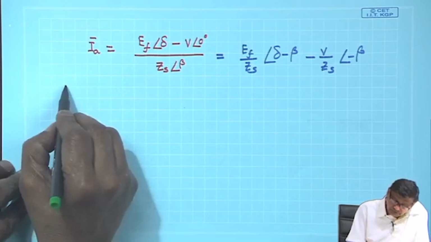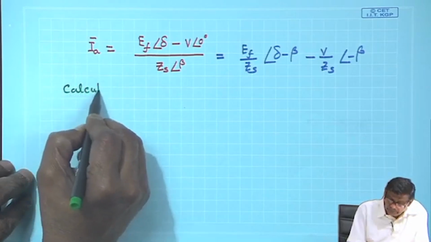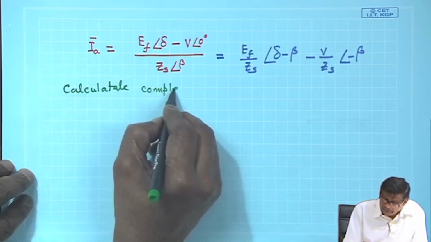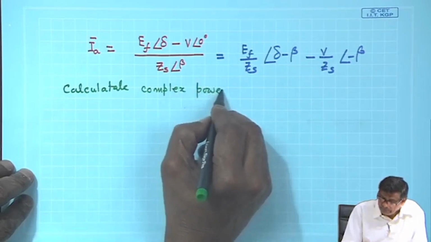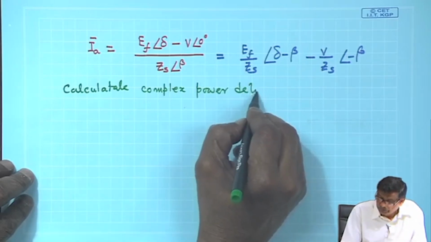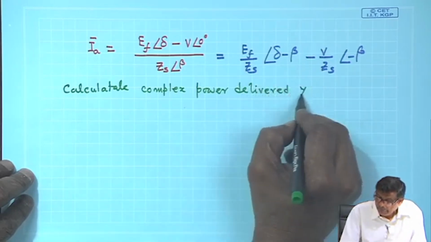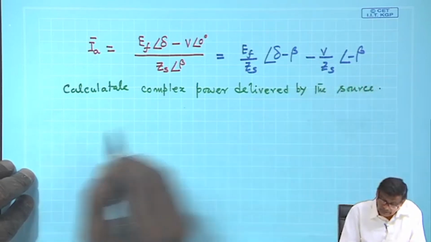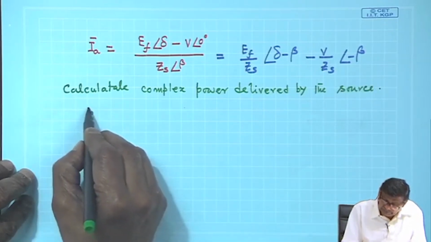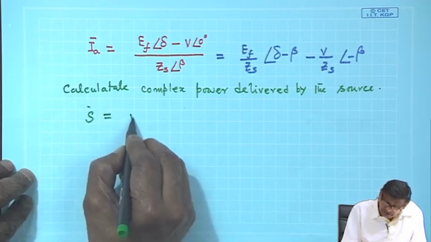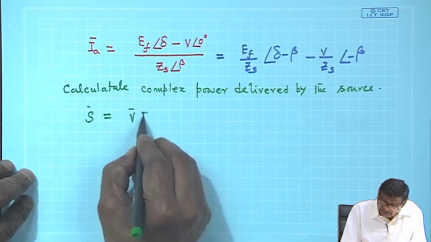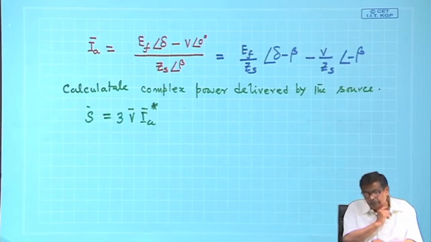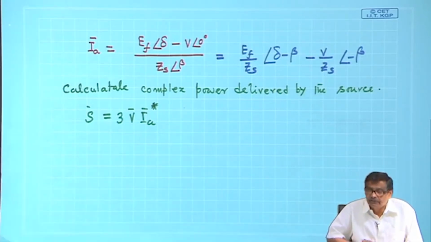My goal is to calculate the complex power delivered by the source, which will be equal to S complex is equal to V I A star, into, of course, total power delivered is to be multiplied by 3, as per phase equivalent circuit we are doing.